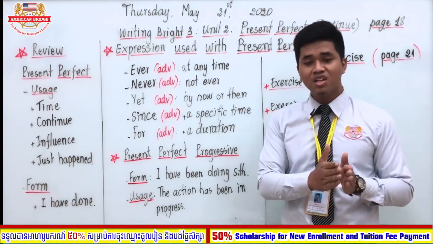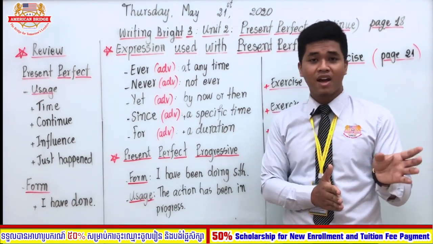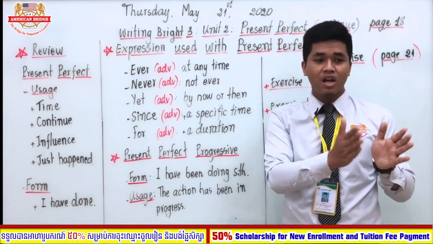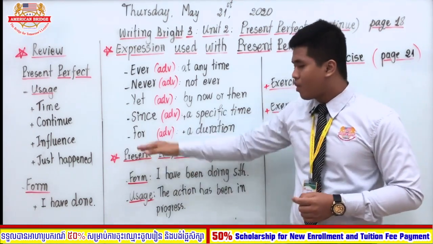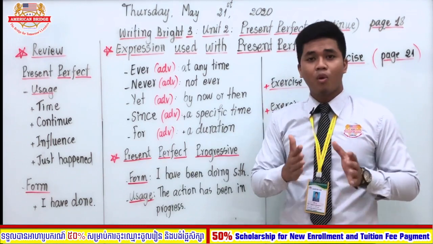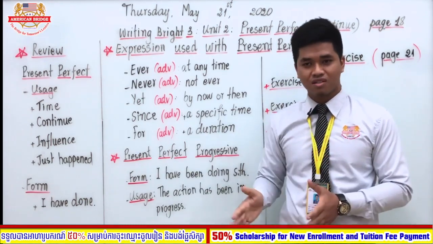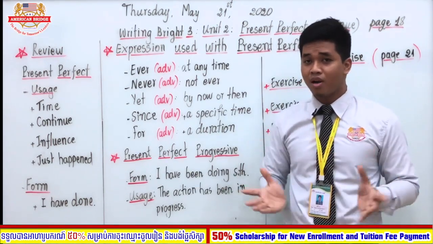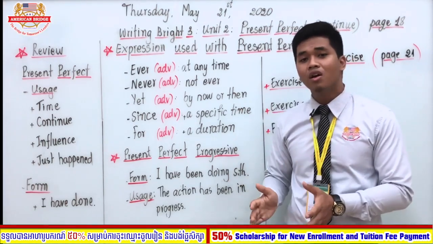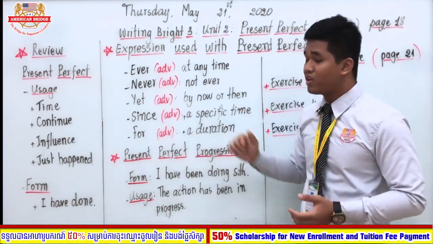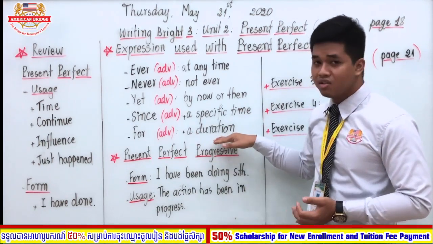So with the word since, we talk about a specific time, which is when I was a child. And for the word for, I have learned English for 20 years. It is about the duration, the whole time from the past up until now, which means for 20 years. It is the duration.